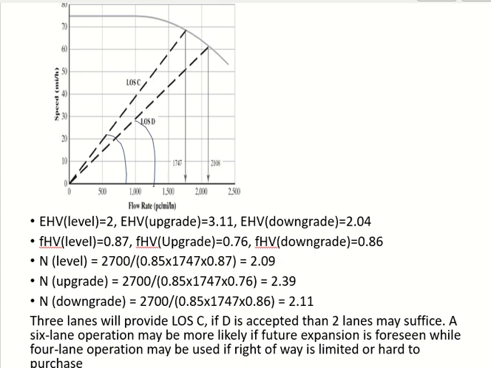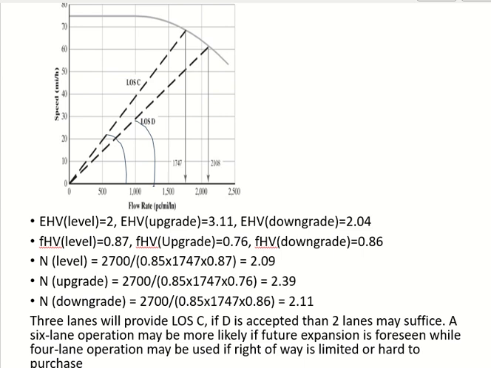Going back to the number of lanes, we are trying to find the number of lanes. Number of lanes has volume, this is my given design volume. This is my peak hour factor. This is coming from here, the maximum service flow rate for C. And this is my FHV factor.